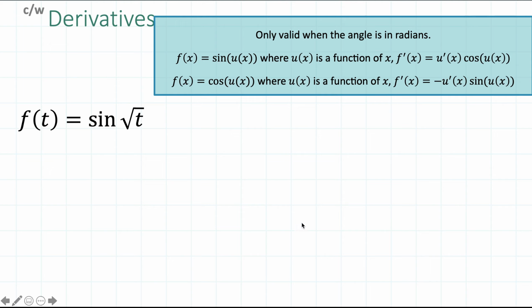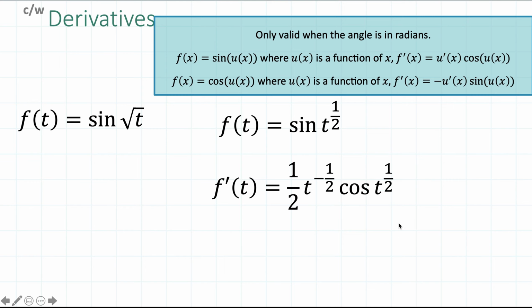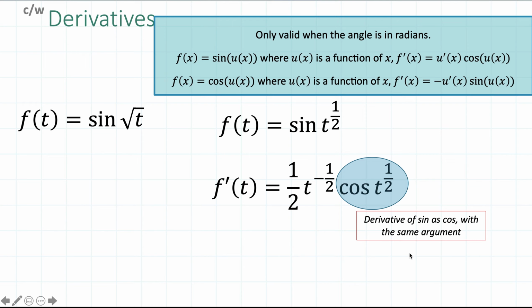So let's say we have f of t equals sine root of t. I can rewrite the root of t as t to the power of a half. And then I'm going to derive it. This is the derivative of the argument: t to the power of a half will be a half t to the power of negative a half. That's something you would know already. And then this is the derivative of sine.